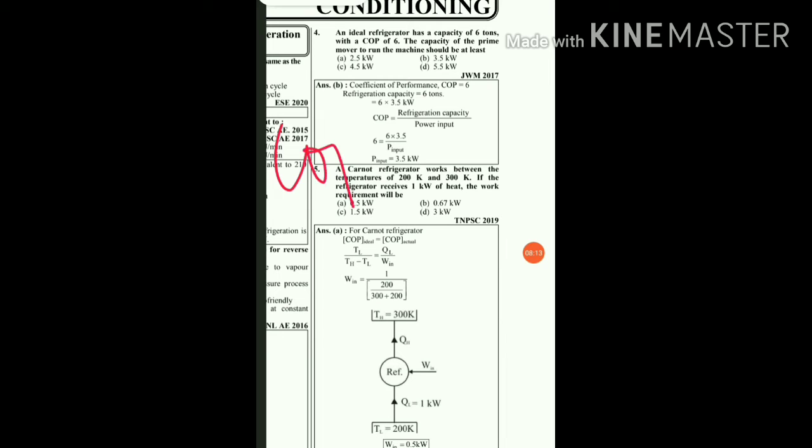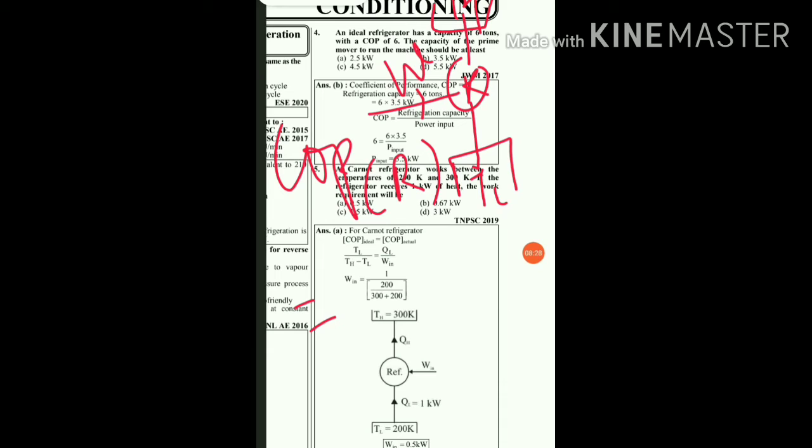The COP of a Carnot refrigerator, working between TH, the higher temperature, and TL, the lower temperature, with external work done, is TL upon TH minus TL, or equal to QL upon QH minus QL, or W in, that is the work done.